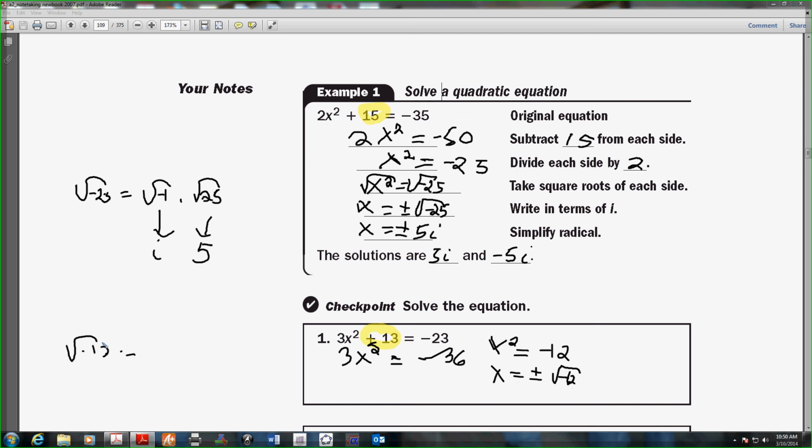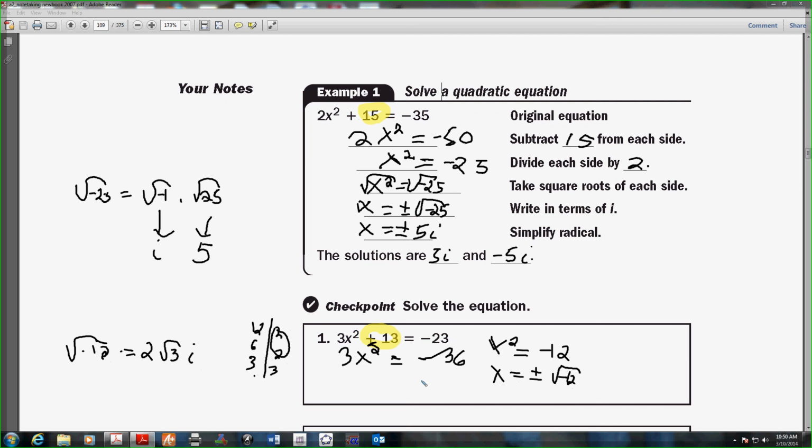Well, if you remember the prime factorization method, I notice I have two factors repeated, so this is going to be 2 square root of 3i. When I simplify it, that's the square root of negative 12.